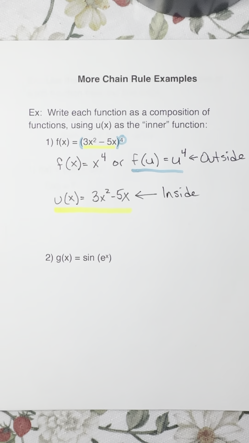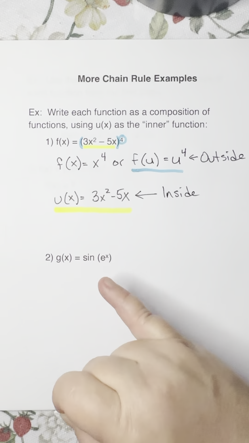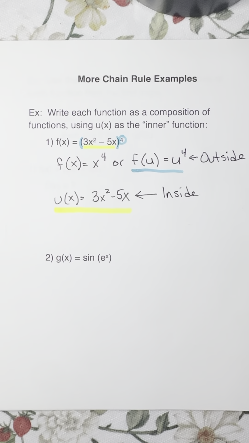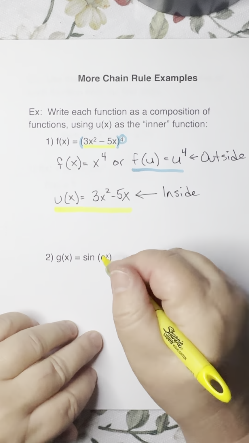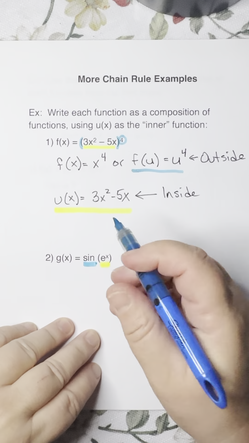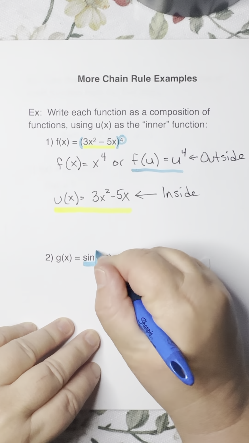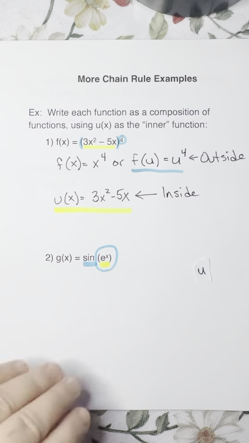Your other clue is that e to the x is inside the parentheses, and that's almost always going to be a great way to figure out who's on the outside, who's on the inside. So there's the e to the x on the inside, and here is the sine, and the sine kind of goes all the way around, because it's sine of whatever's inside the parentheses.